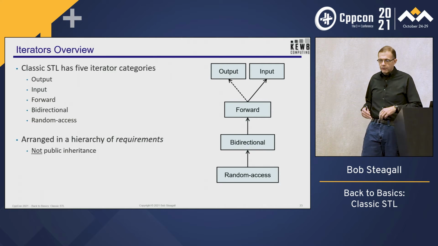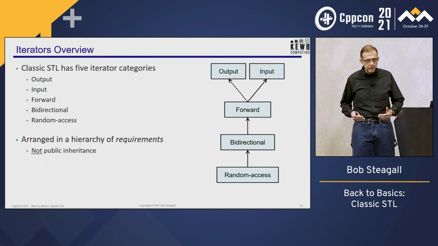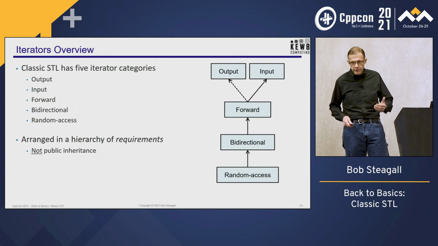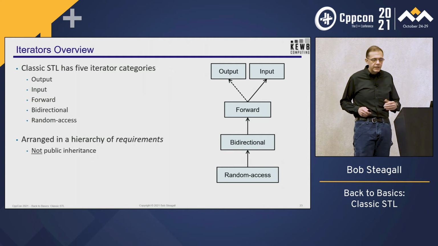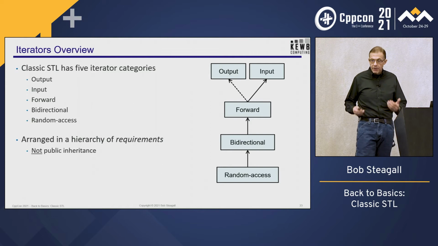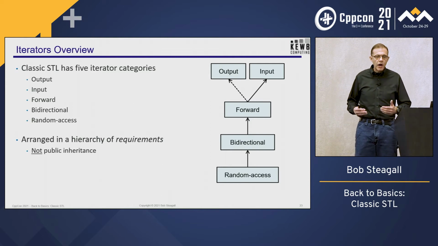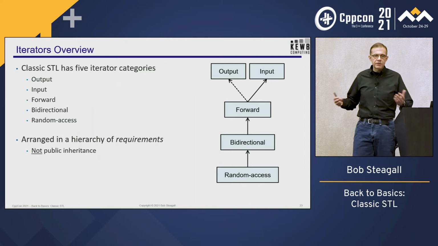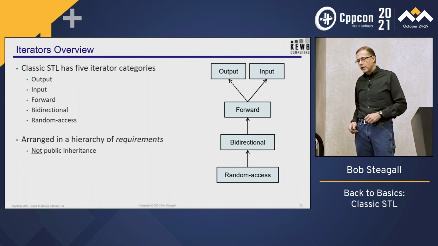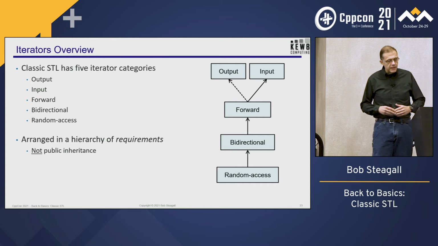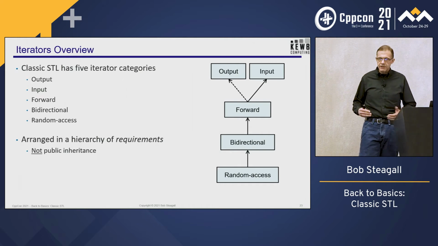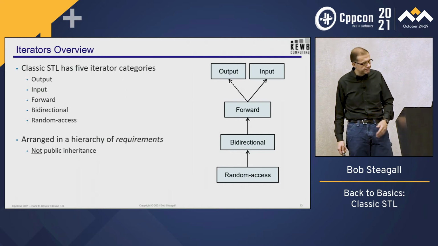They don't mean that, for example, a bidirectional iterator is publicly inherited from a forward iterator. Instead, what they mean is that a bidirectional iterator implements all of the interface that's required for a forward iterator and some more stuff. So in a sense, it's inheritance of interface, not inheritance of implementation.